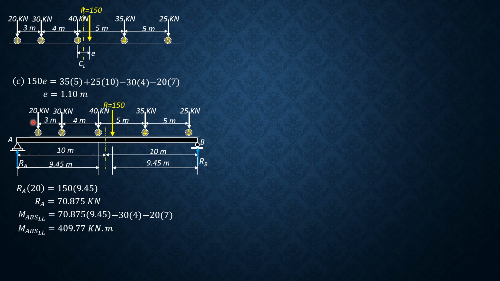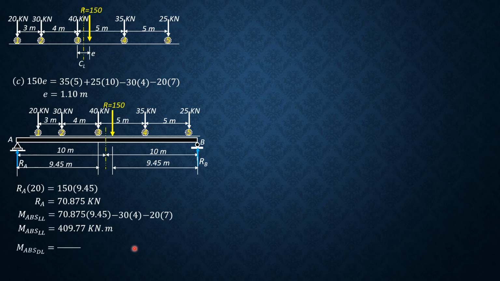Now how about to combine the absolute maximum moment? So imagine the dead load is here. So we just compute RA. RA due to uniform load is WL over 2, and we just sum up moment about load 3. It is RA, WL over 2, times 9.45 minus the moment of the dead load, which is 6 times 9.45 times moment arm 9.45 over 2.